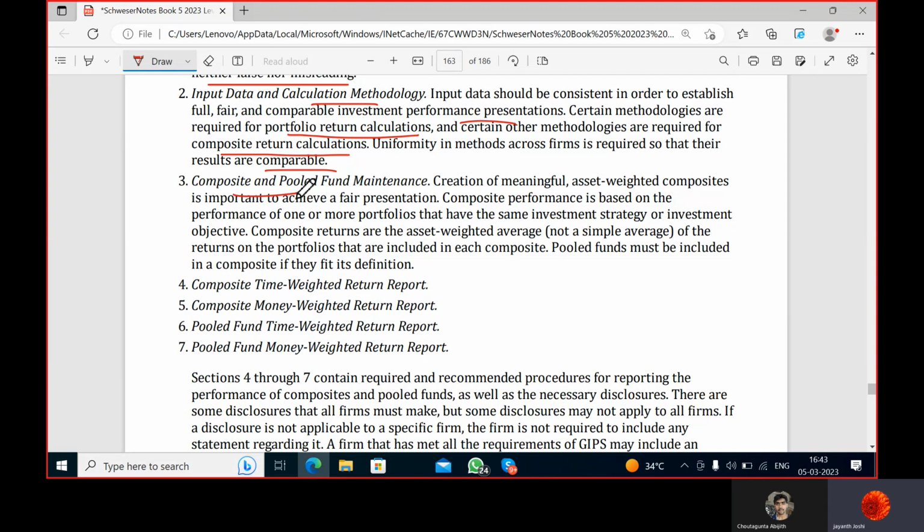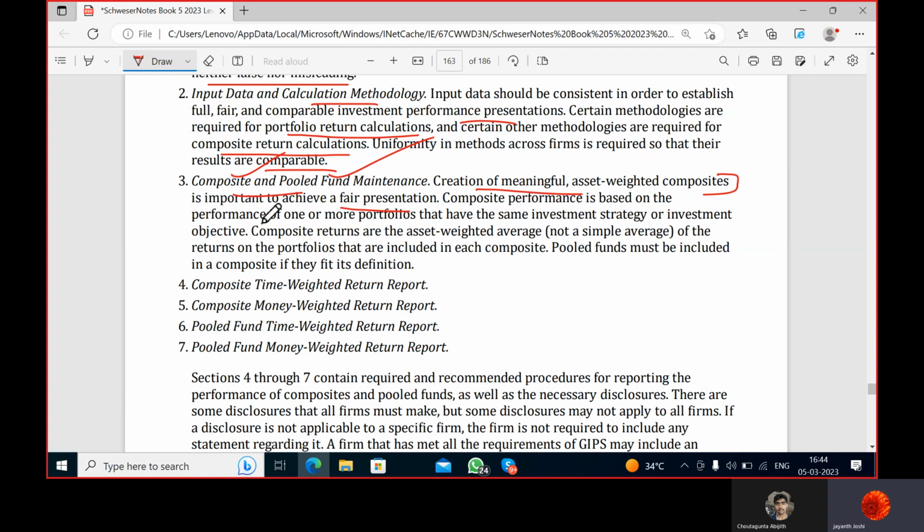Composite and pooled fund maintenance. So, what is this composite meaning, Abhijit? It has multiple asset classes inside it, or it can combine several funds. Like it may have different parts or different materials, combined. So composite and pooled fund creation of meaningful asset weighted composites is important to achieve a fair presentation.